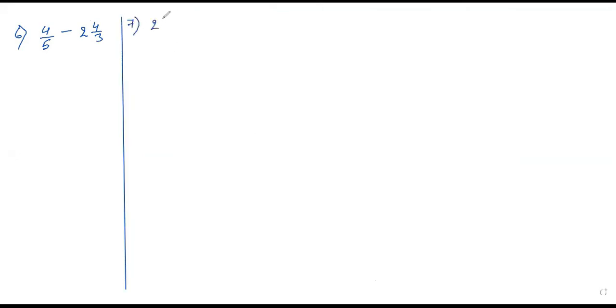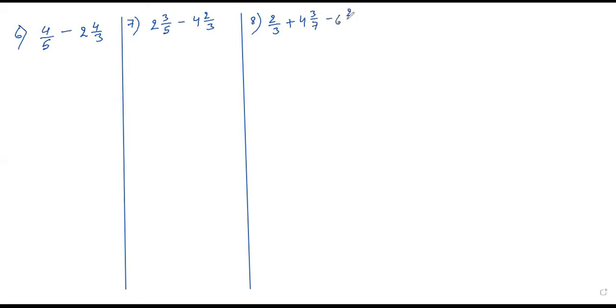Both have 2 or 3 by 5 minus 4 or 2 by 3. Okay. Type it: 2 by 3 plus 4 or 3 by 7 minus 6 or 2 by 5.